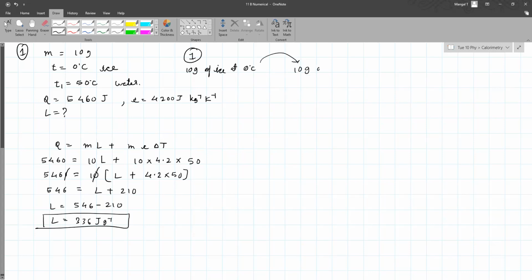This will give us 10 grams of water at 0 degree Celsius. So for that we need m into L, and then it will take 10 gram of water at 50 degrees Celsius. For that you will need mc delta T. Is that okay, sir? Yes, sir.